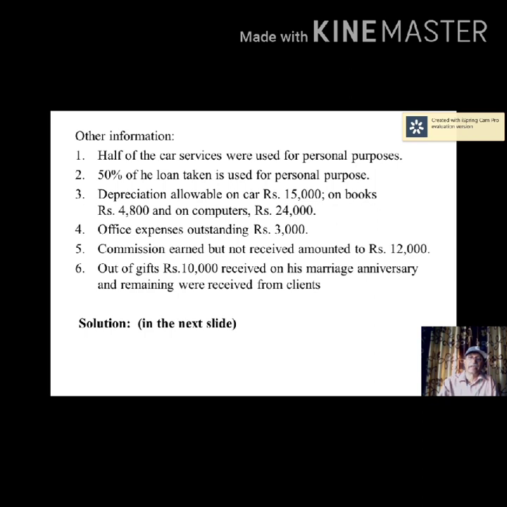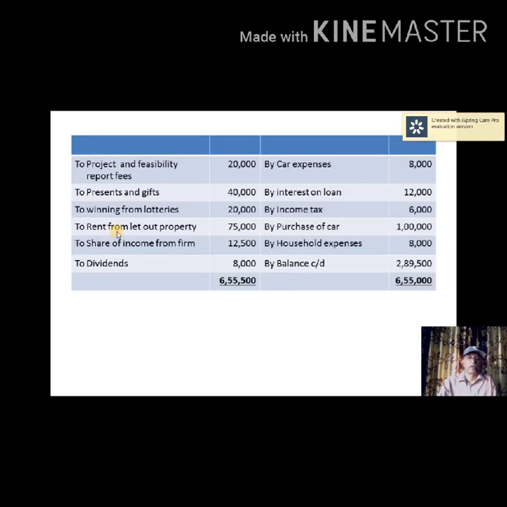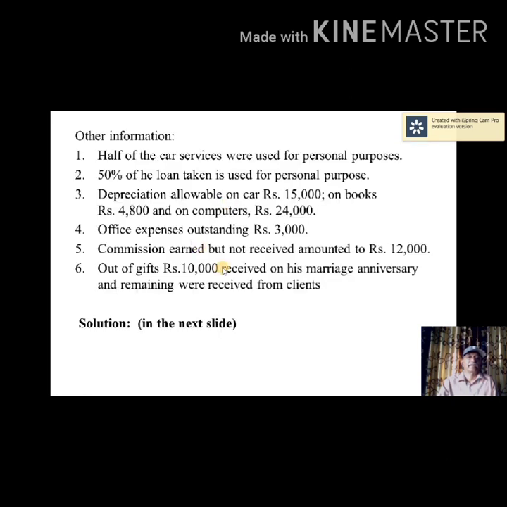Next, out of gifts. Okay, if you look at the left hand side, there is an item presents and gifts and the value is 40,000. Of this it's mentioned rupees 10,000 received on his marriage anniversary and remaining were received from clients.